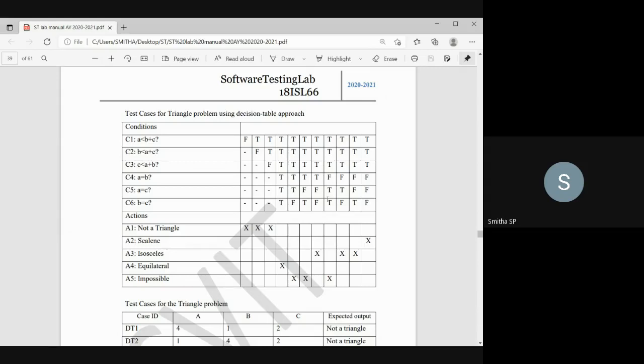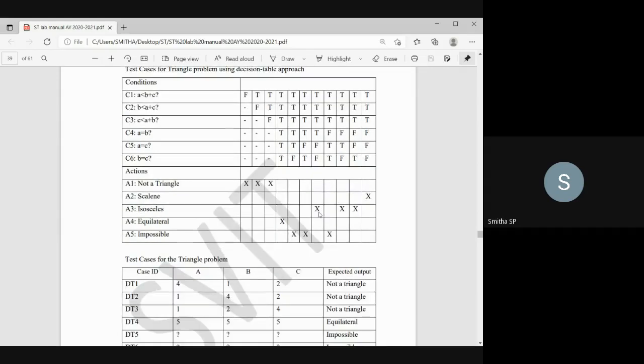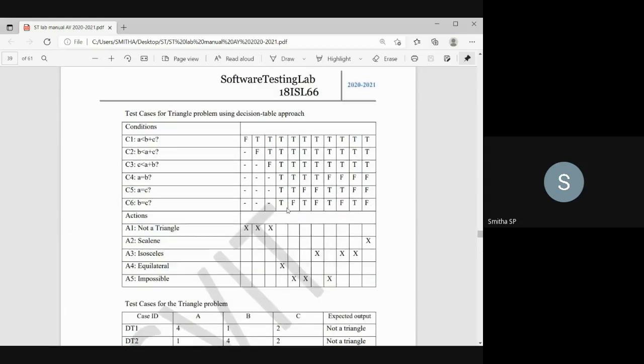In theory classes also we have discussed that. You know that in the decision table approach, you will be having the condition stub, then the action stub, and then entries or rules, we say. Rules and entries, four stubs will be there.